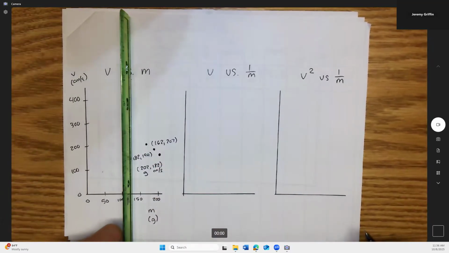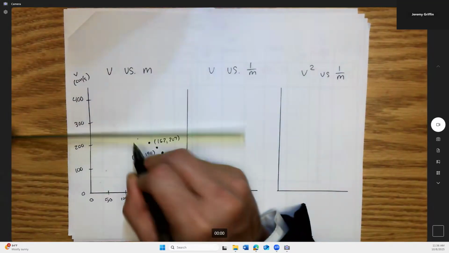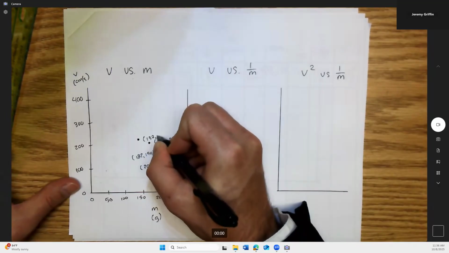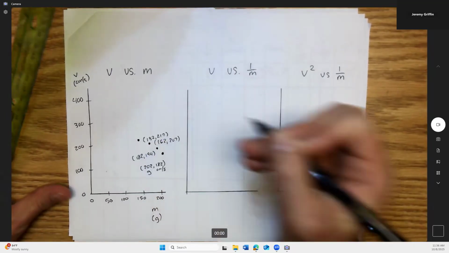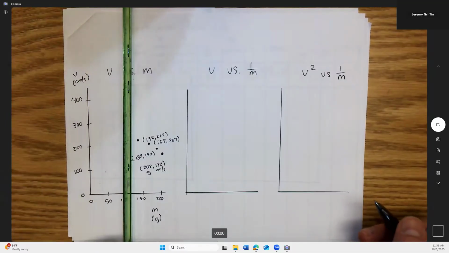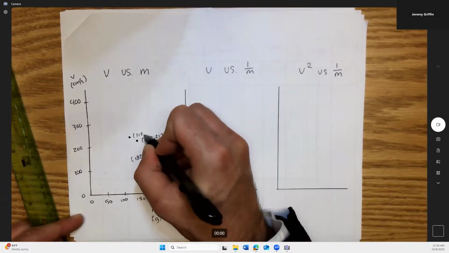132 and 217. All right, next point. 112 and 234.